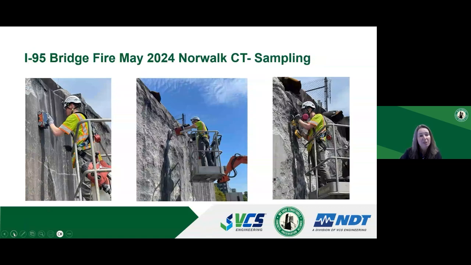So what you see on this slide from left to right is GPR scanning to locate rebar. In the middle, we're collecting cores, concrete cores for compressive strength testing per ASTM C42. And then on the right side, we are extracting a piece of rebar for testing as well.